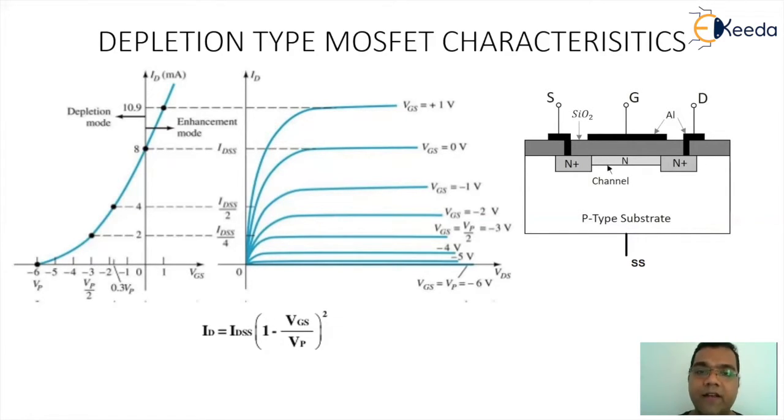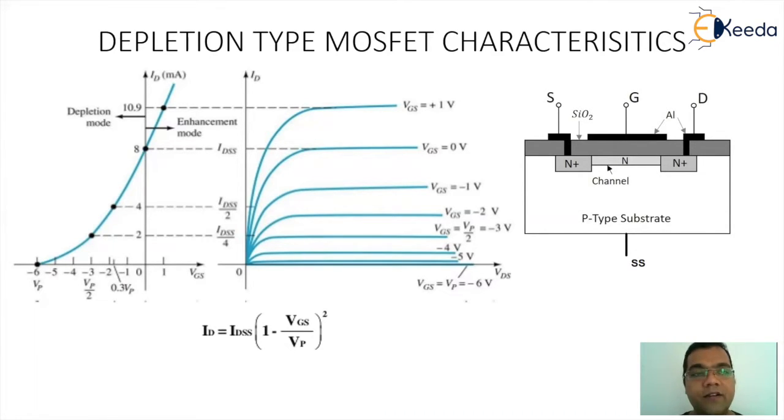And as and when you keep on giving more and more negative voltage to the VGS terminal, the conduction of the device will keep on decreasing, or you can say depleting. At one particular point of the VGS, you will find that the current will almost go to 0. That is what you mean by effect of pinch off.